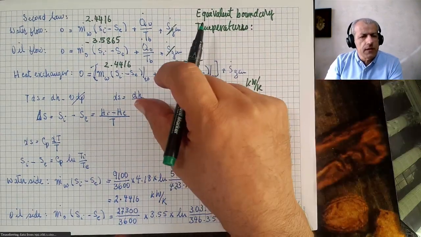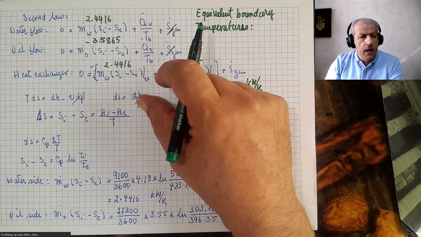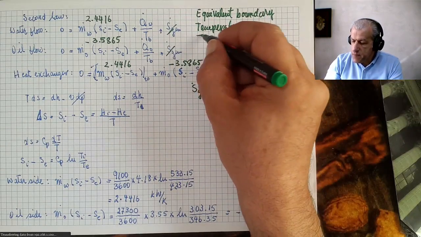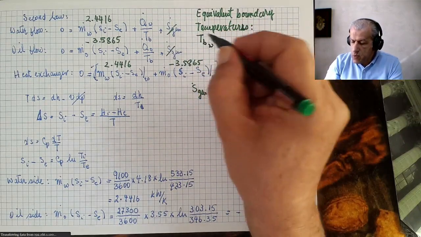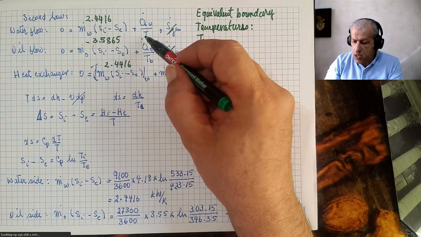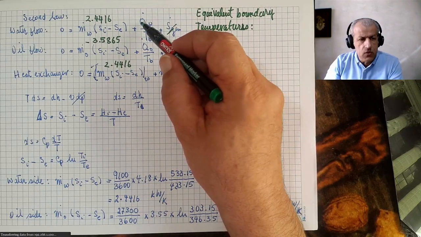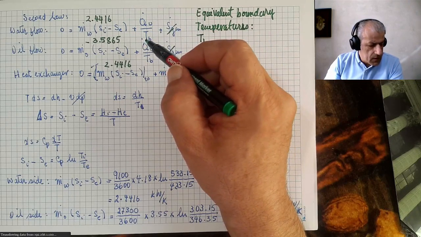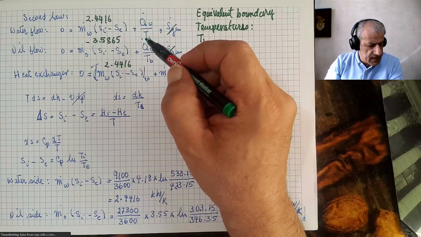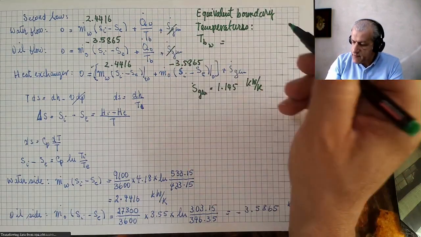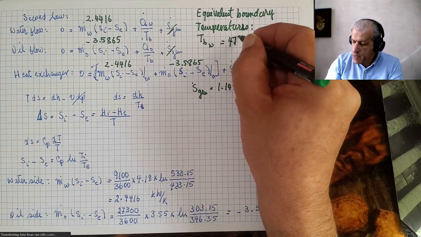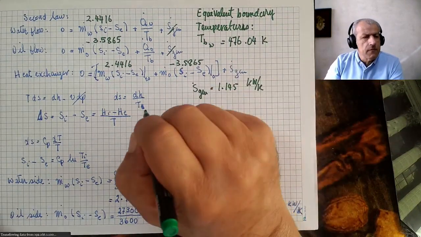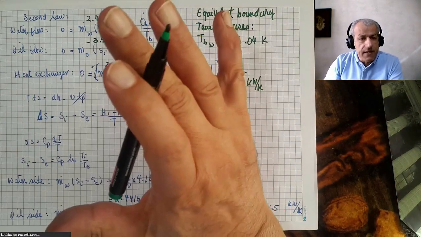And as for the water side, TB for water would be just calculated from this equation. This value is 1162. This is 0. So we could calculate TB to be 476.04 Kelvin. This is the equivalent temperature.